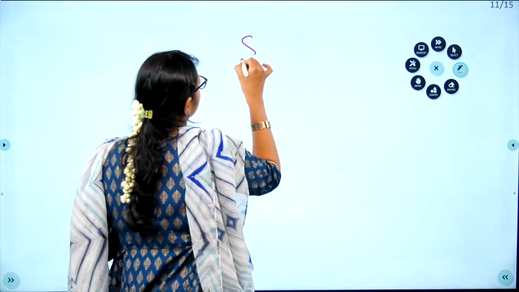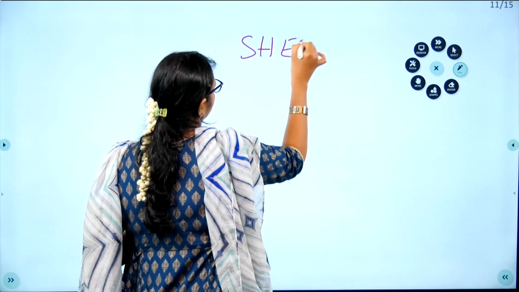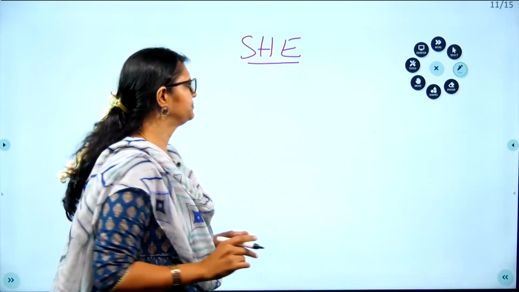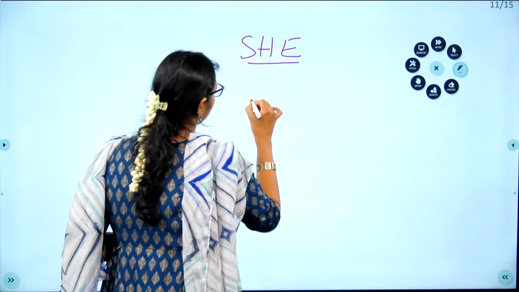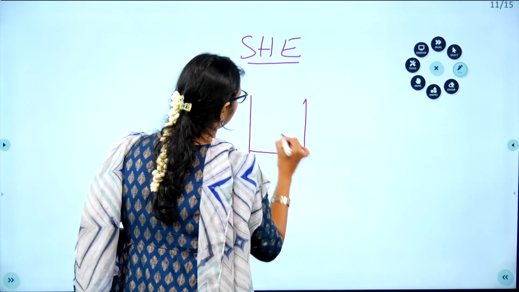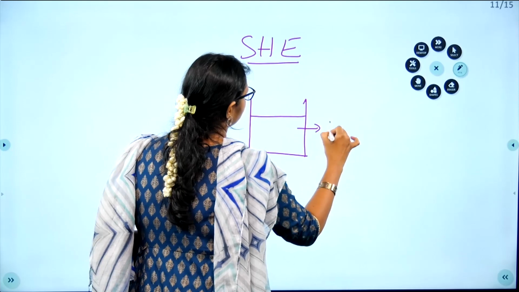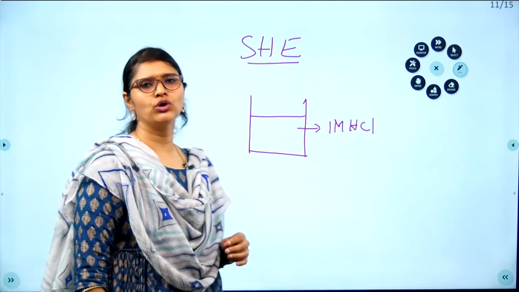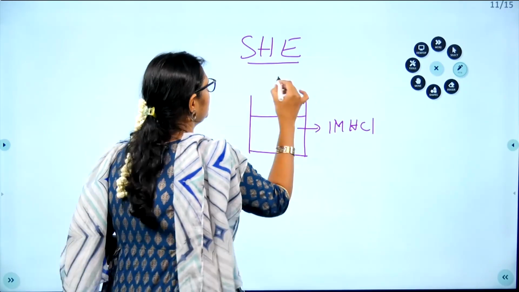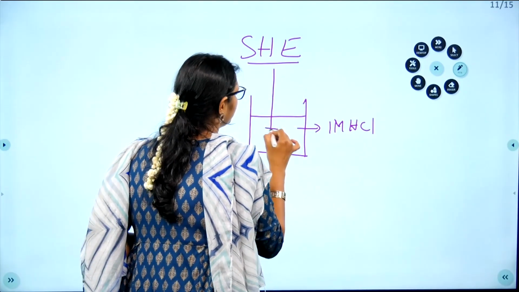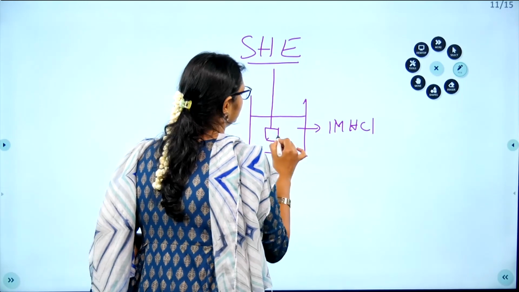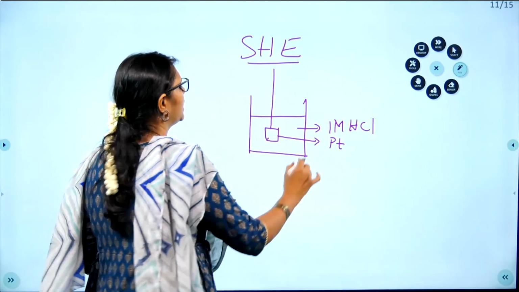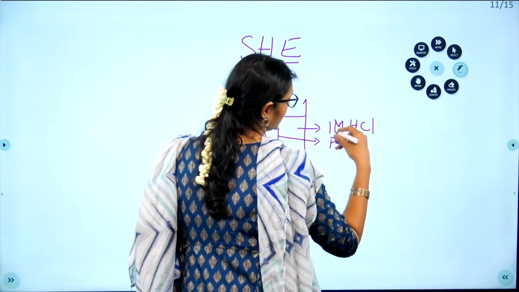In short we say it as SHE, which is nothing but standard hydrogen electrode. So for this we should take a beaker containing 1 M HCl, 1 molar HCl, and then we should take a platinum electrode, and then we have to use the STP.